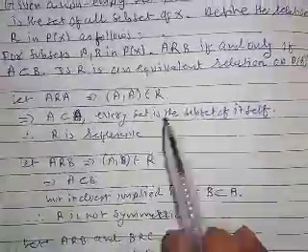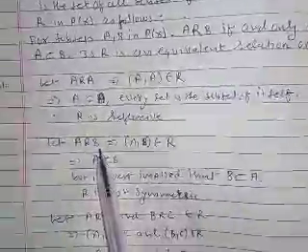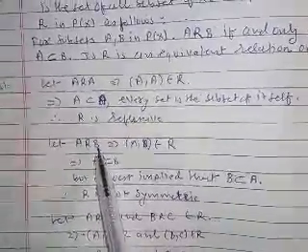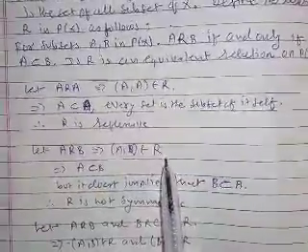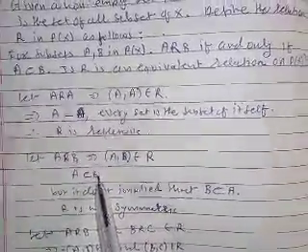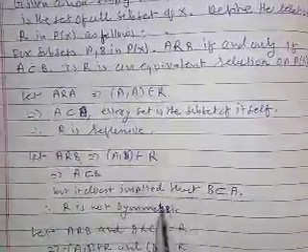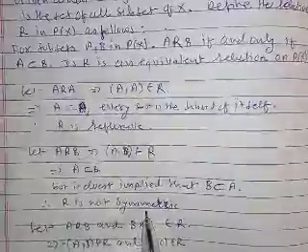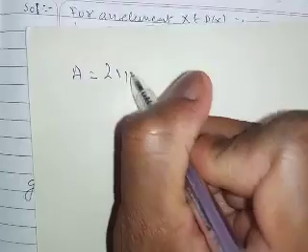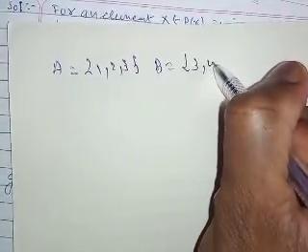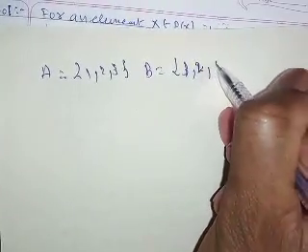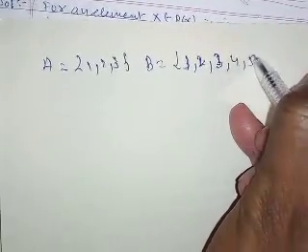How do we prove symmetric? A R B. Okay. What does A R B imply? (A, B) belongs to R, which implies A is a subset of B. But A is a subset of B does not imply B is a subset of A, and therefore R is not symmetric. Let's take an example. Take A equal to {1, 2, 3} and take B equal to {1, 2, 3, 4, 5}.